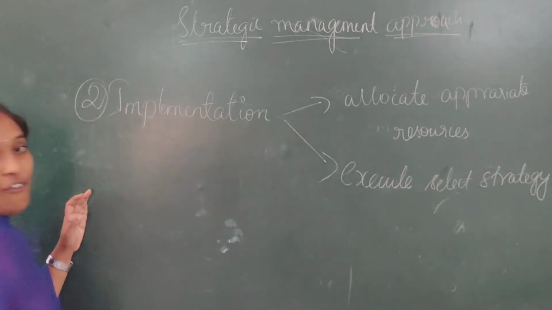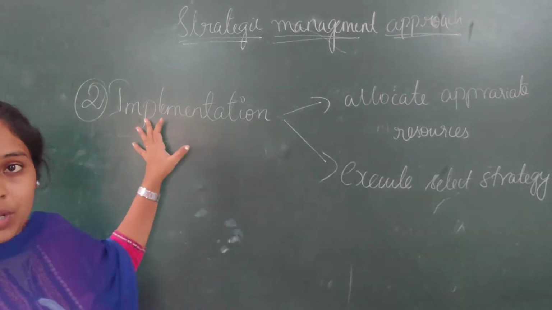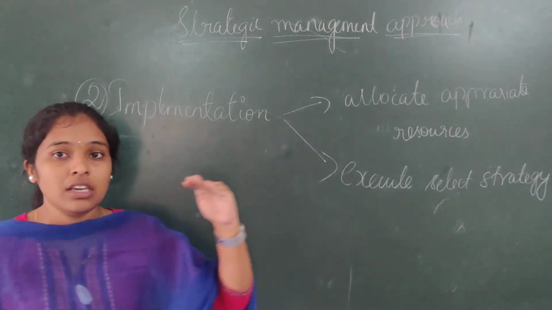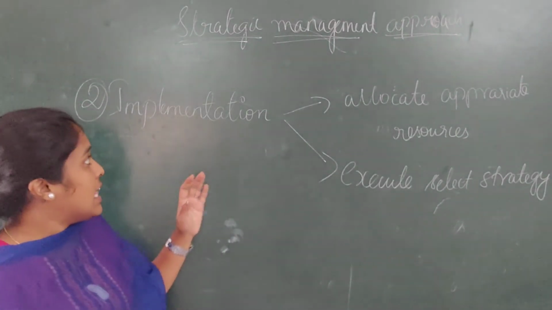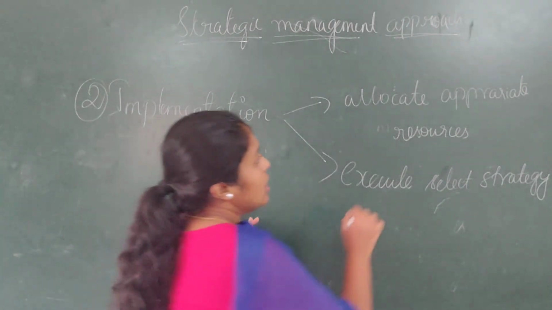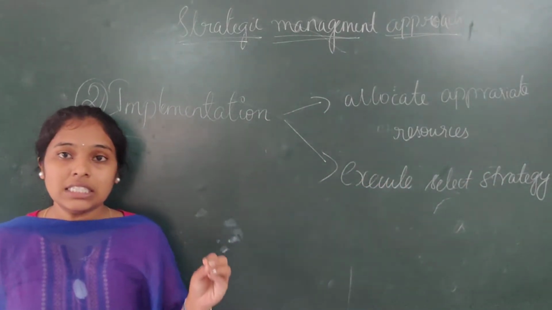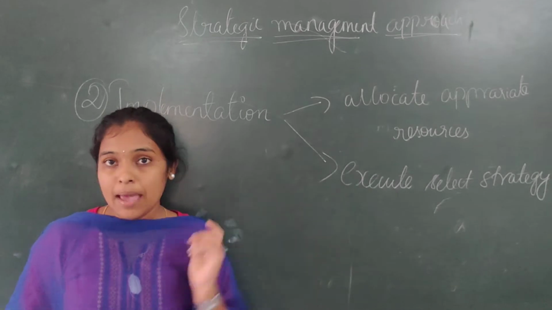So, formulation is done, now implementation. How we are going to implement a strategy in the organization. In this implementation, we have to allocate appropriate resources. We need to allocate certain resources for the employees.